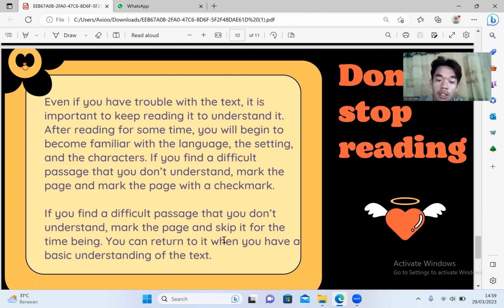You can also underline the difficult text, and if you find a difficult passage that you don't understand, you can skip it for the time being and then return to it when you have a basic understanding of the text.